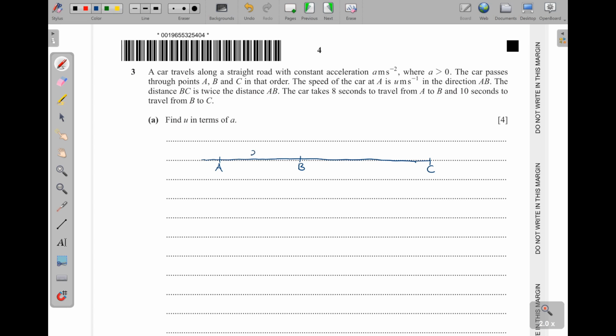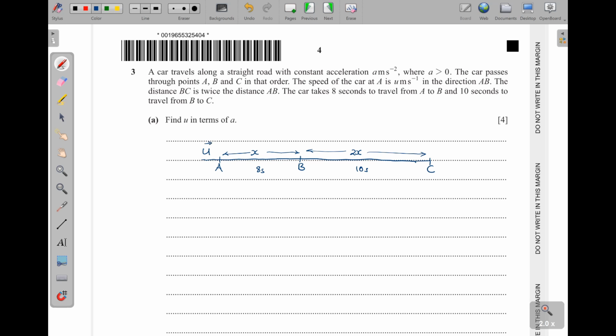So if this is x from here to here, that means this one is going to be 2x. Then it takes 8 seconds to move from A to B, and 10 seconds from B to C. Okay, then when it passes point A, it is moving at a speed of u.